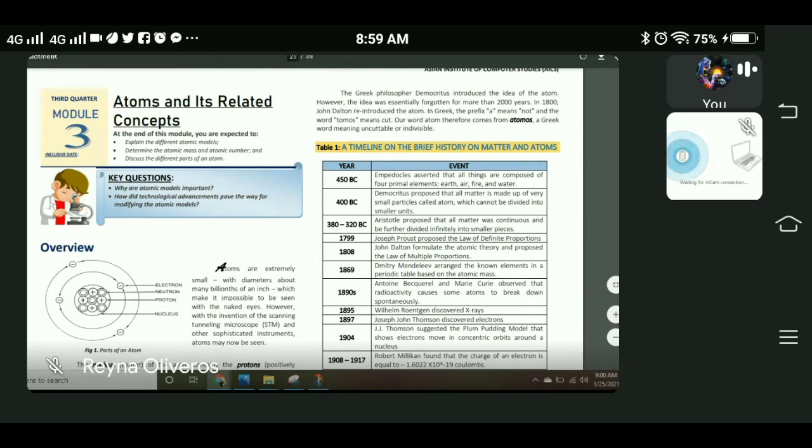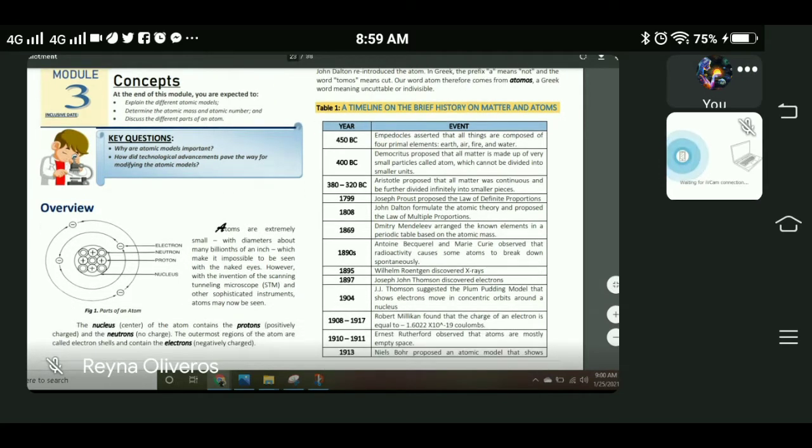So here is a brief timeline of the history of matter and atoms. In 450 BC, Empedocles asserted that all things are composed of four primal elements: earth, air, fire, and water.